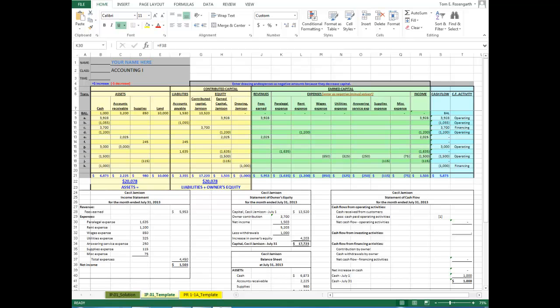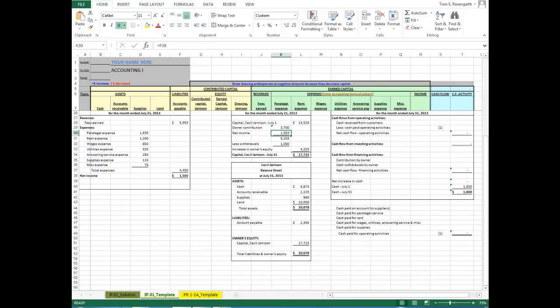The net income plus the owner contribution gives $5,203 as the total additions, less the withdrawals made during the period, $1,000, gives a net increase in equity of $4,203 when added to the beginning capital, produces an ending capital balance of $17,723. This ending capital amount is the amount that should appear on the balance sheet, $17,723.